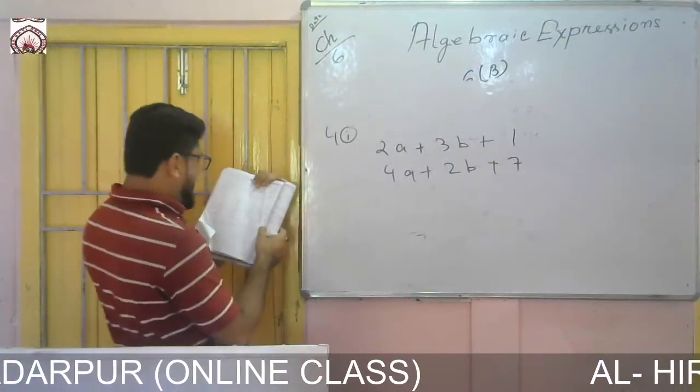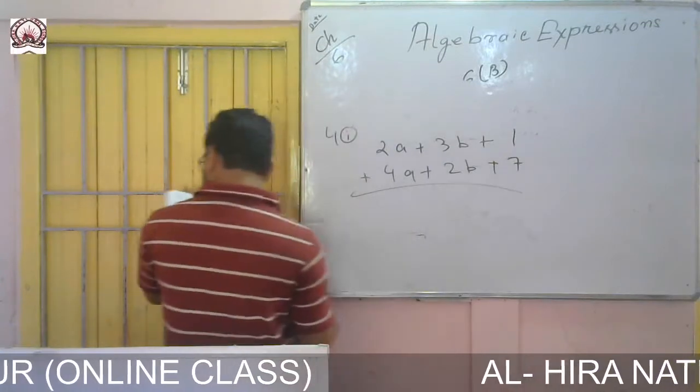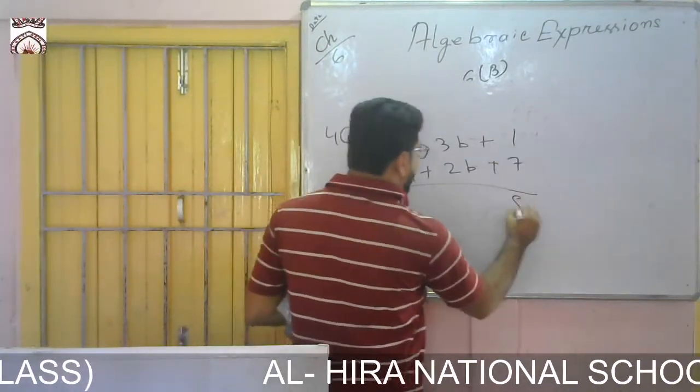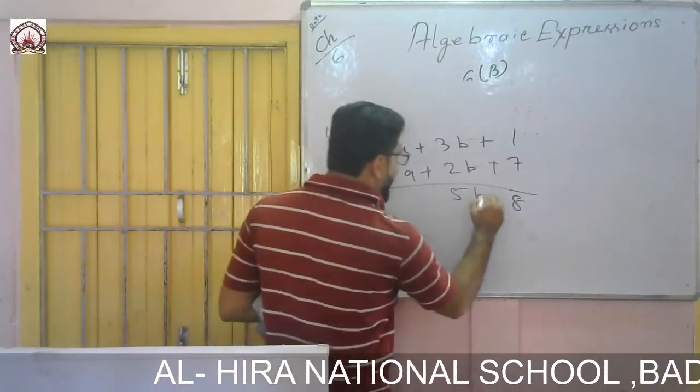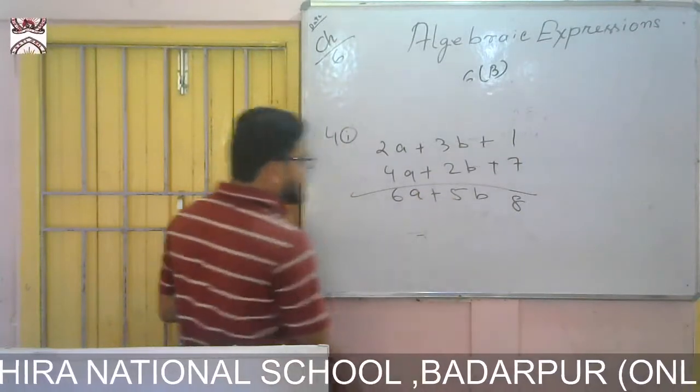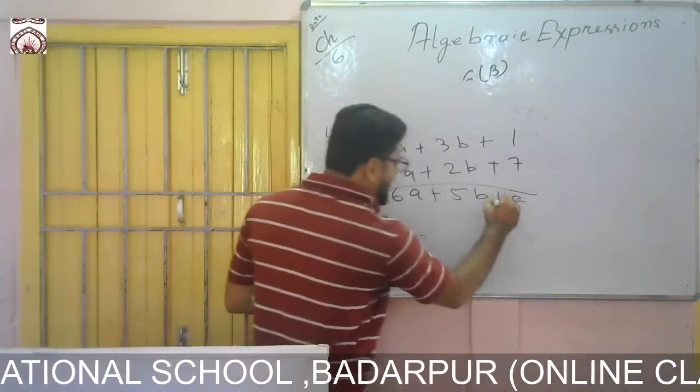Add it. 7 plus 1, 8, 3 plus 2, 5, and 4 plus 2, 6a. So 6a, 5b plus 8.